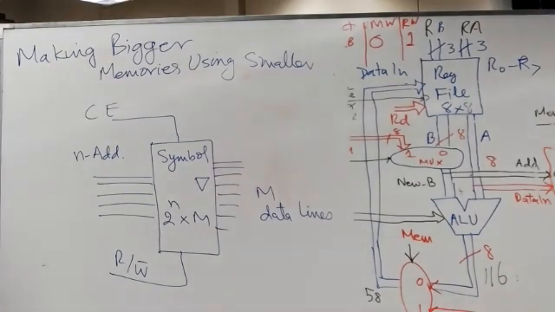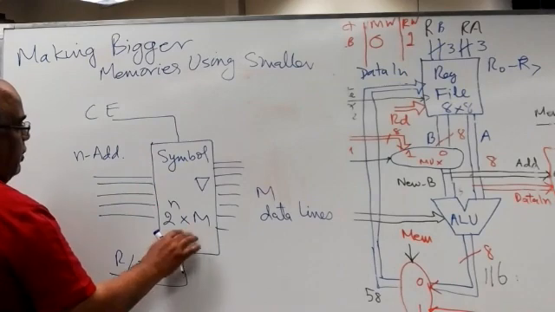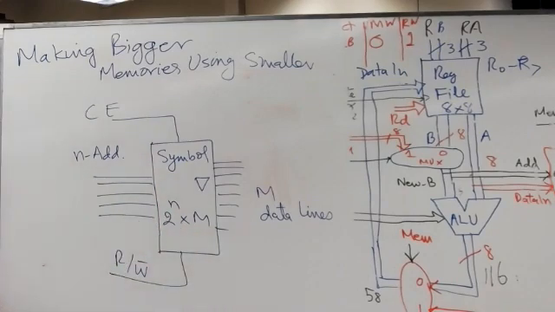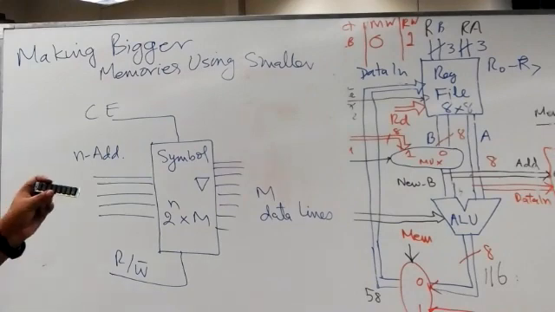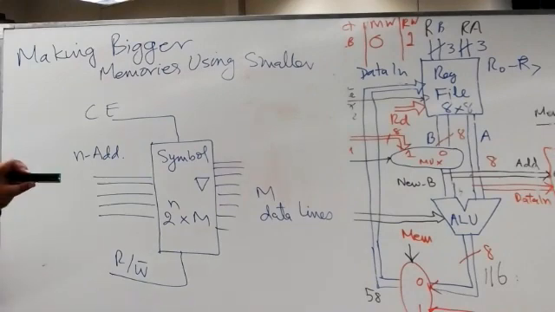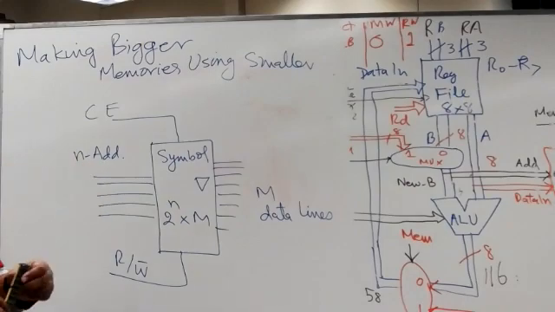So today the basic question is how to make a bigger memory, given a memory of certain size, how can you extend your memory? So like here, this is an example of how they have extended memories. This one over here.